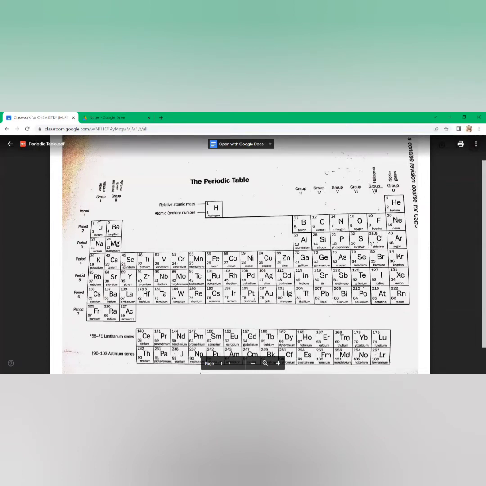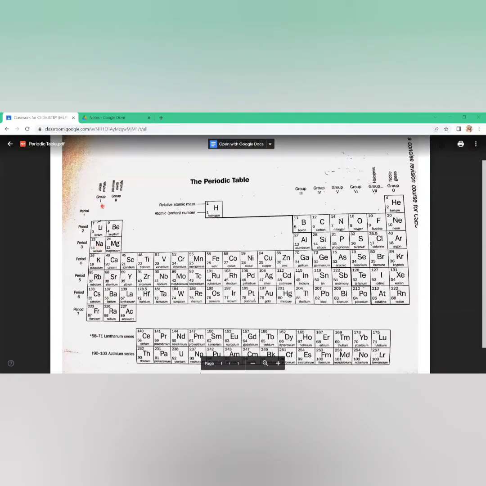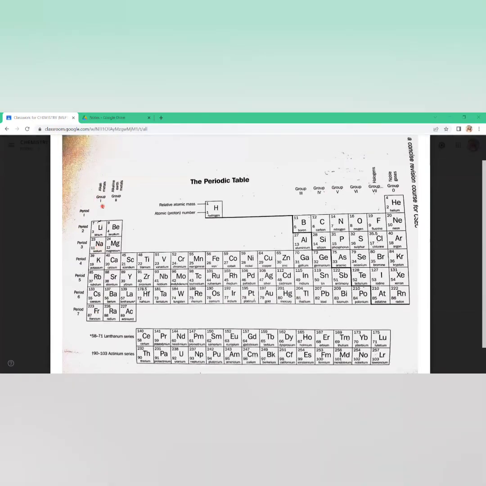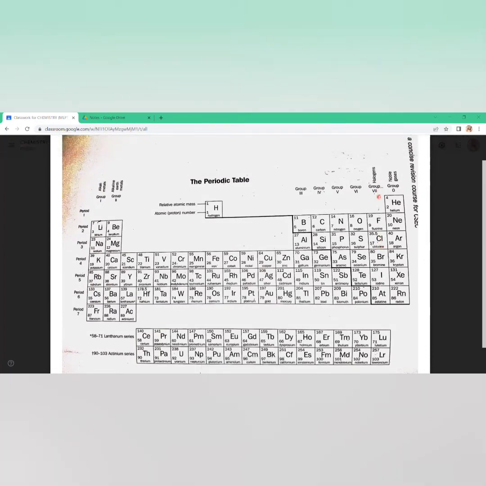So let's look at where these elements are on the periodic table. Sodium is here. This is group 1. Keep that in your mind. Sodium belongs to group 1. I come across here and I find chlorine, and chlorine belongs to group 7.